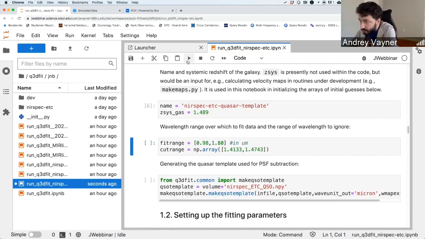Then the next portion here, it's important that we set the range that we want to fit, but there's also a gap in the data between 1.4 and 1.47 micron, and this is due to a gap between the two detectors on NIRSpec. And so we have to set this range here.